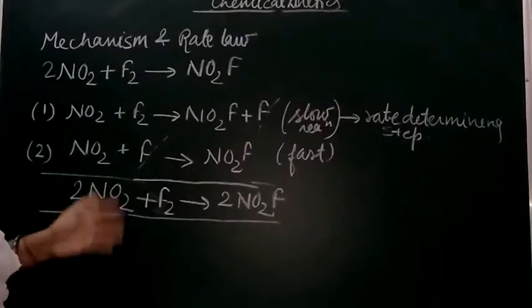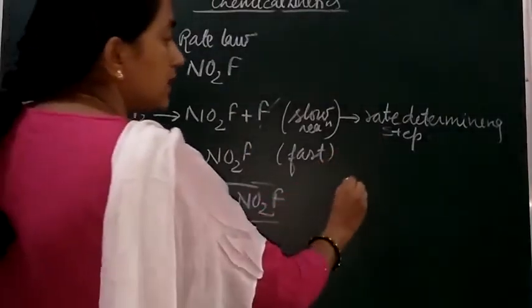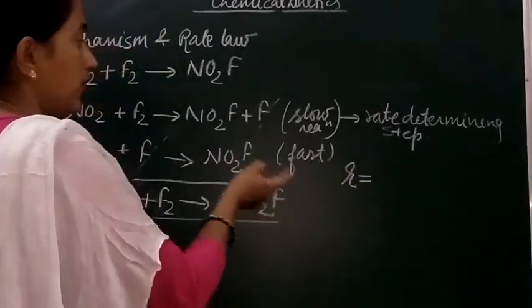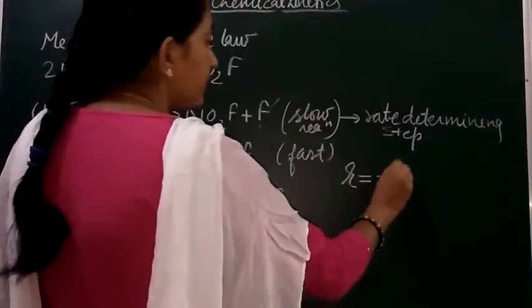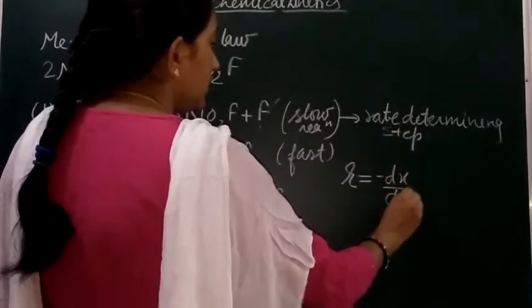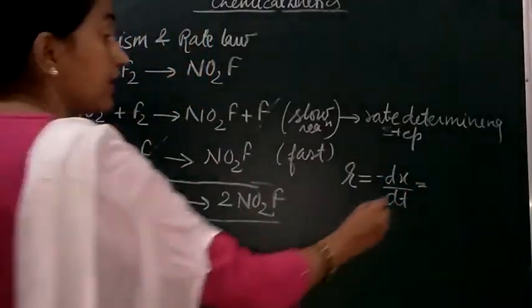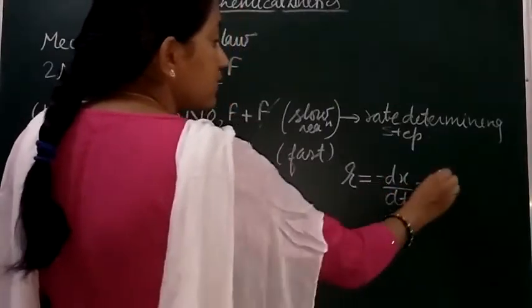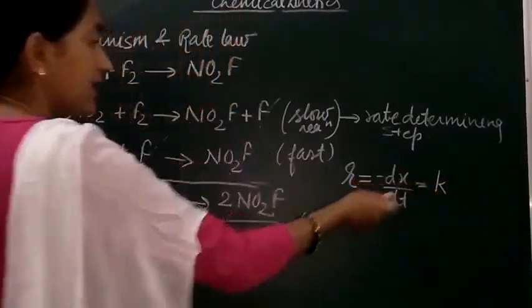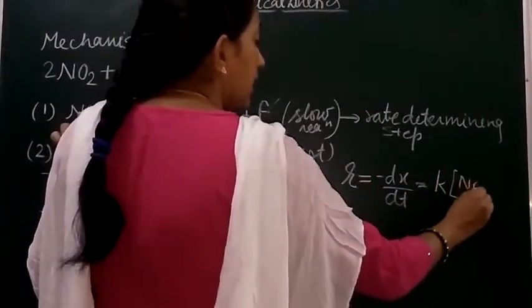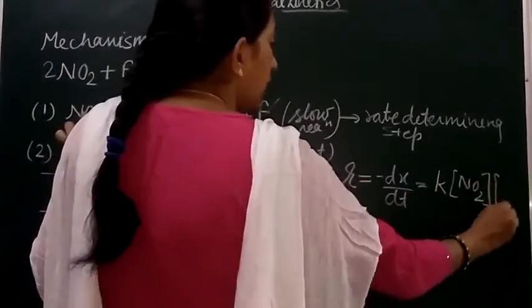Now how will it affect? When we are writing the rate, R equals, we write it in terms of the reactants: R equals minus dx upon dt equals K NO2 and F2.